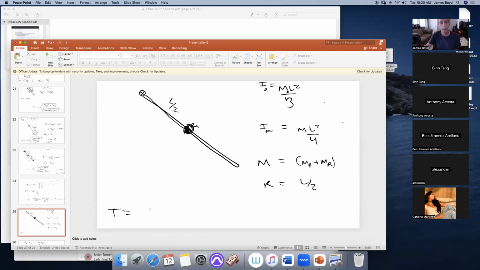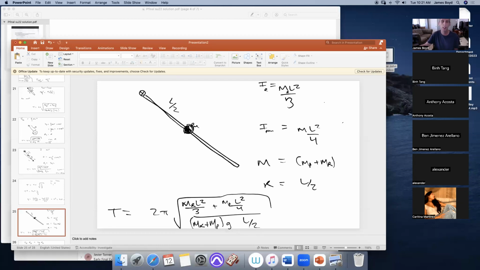And therefore I can write T is 2 pi square root of I, which is mass of the rod times L squared over 3, plus mass of the point times L squared over 4, divided by mass of the rod plus mass of the point times G times L over 2.